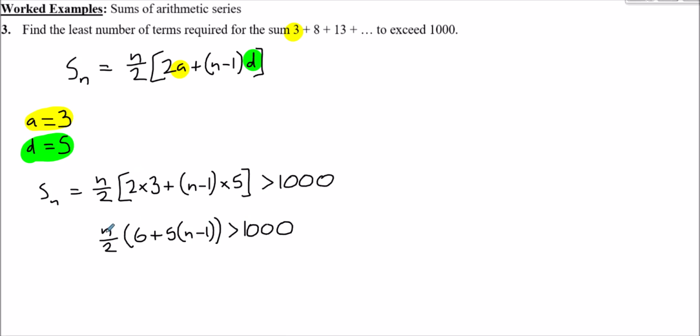We could expand the brackets, or we could multiply both sides by 2, just to get rid of that fraction. That will then give us n, 6 plus 5 lots of n minus 1, is going to be greater than 2000.